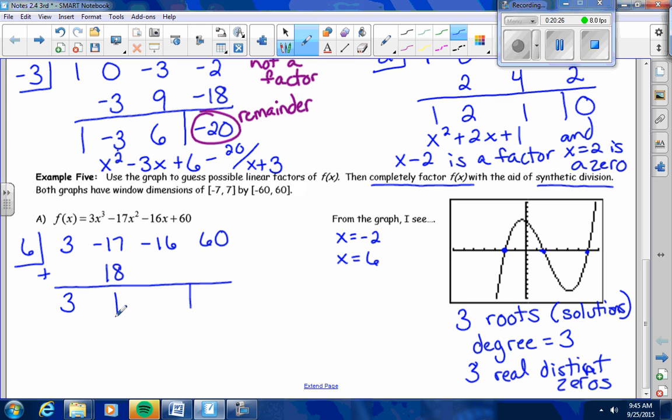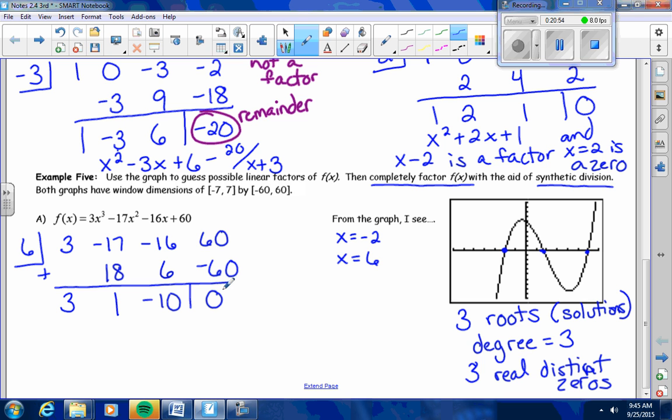Then 1 times 6 gives us 6. Add to negative 16, and that is negative 10. Then what? Negative 10 times 6 is negative 60, plus 60 is 0. So that verified it is a 0 of the function.